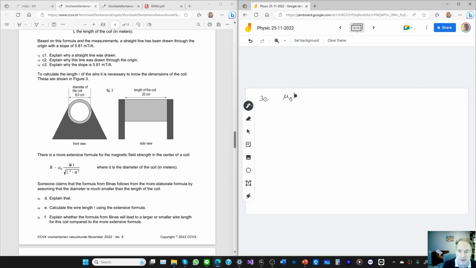mu 0 n times the square root of L squared plus D squared is equal to 5.81 millitesla divided by ampere, so times 10 to the power minus 3.